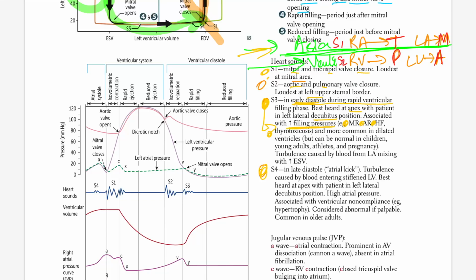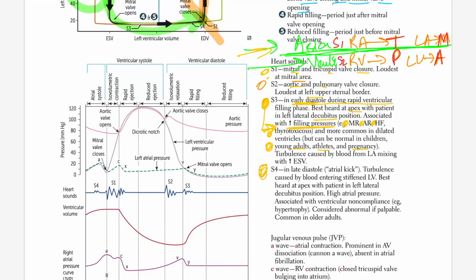High yield again. So pathological factors and physiological factors are young children, athlete, pregnancy, high yield points. S3 is found in pathology. Which pathology? MR, AR, HF, thyrotoxicosis. And physiologically, you're looking at young adults, athlete, pregnancy.